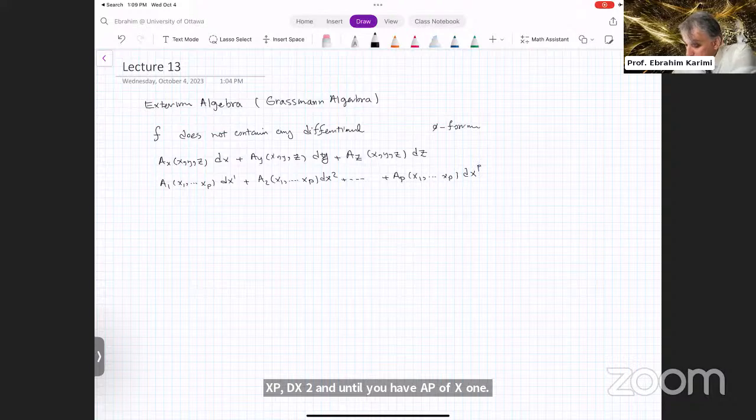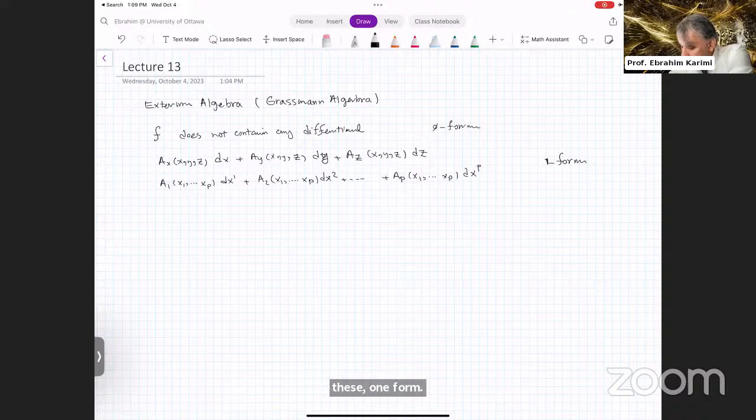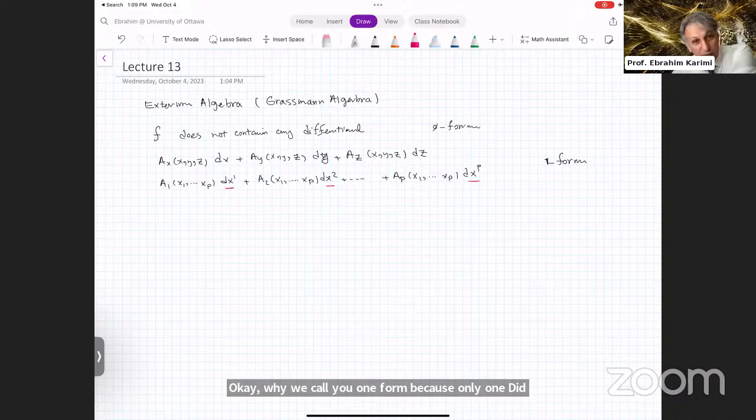We call these one forms. Why do we call it a one form? Because only one of the differentials exists there.